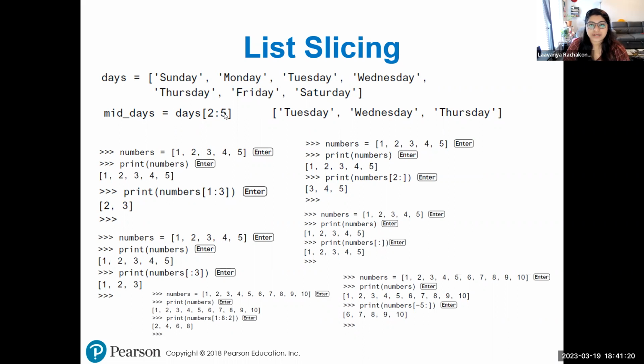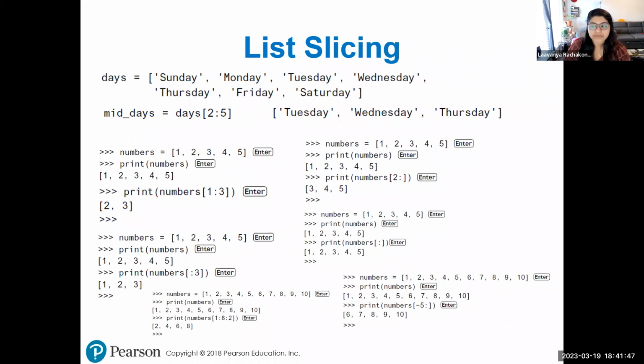And the ending index is 5. That is, the positional value is 5. That means the element is the sixth, so this is 1, 2, 3, 4, 5, 6. Saturday is the sixth element, which has index 5. But when you are working with your end index, the ending limit is not included.